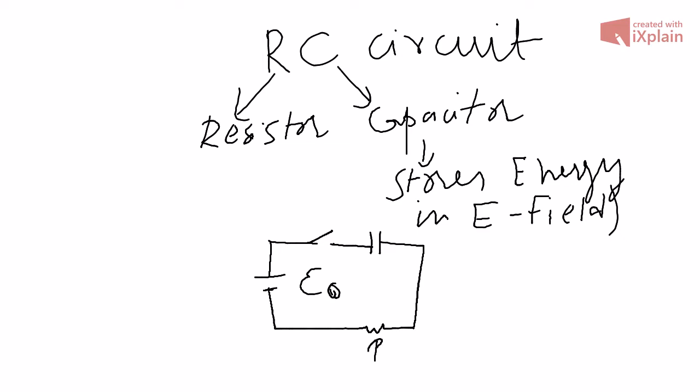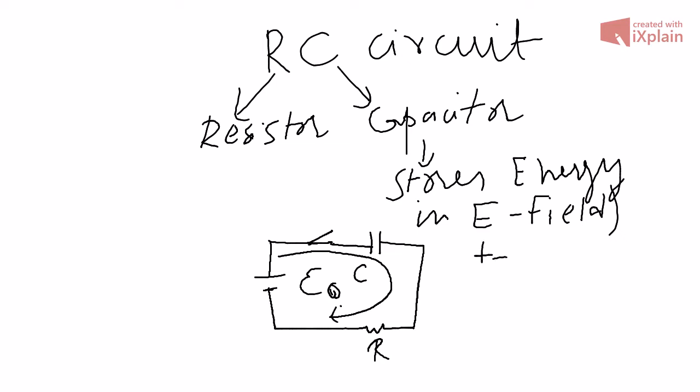This is the resistor R, this is the capacitor. So initially there is no current or no voltage because the switch is open. As we close the switch, it means we provide the path to the current, and the charges start flowing across the circuit.